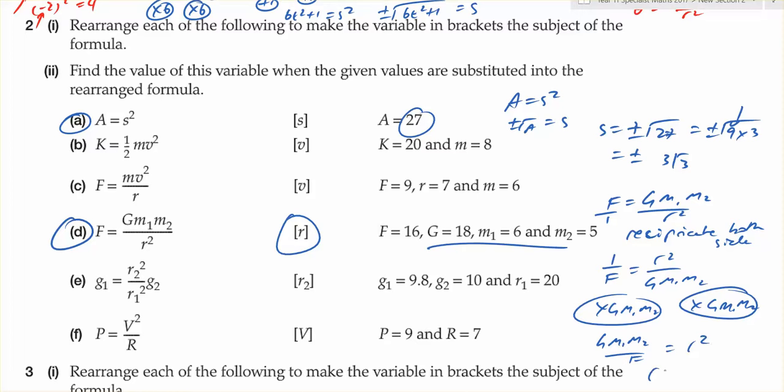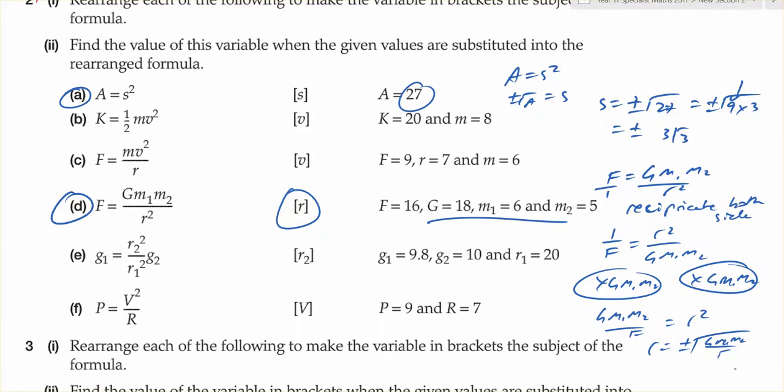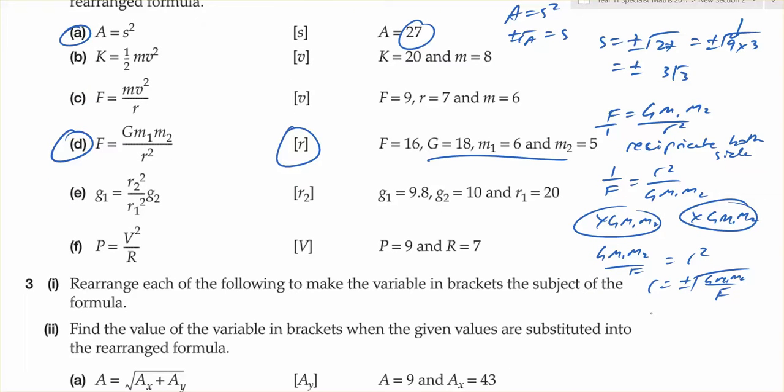So r would equal, I'm squaring both sides, plus or minus the square root of G m1 m2 divided by F. Now I want to find the value of r when F is 16, G is 18, and m1 and m2 are 6 and 5 respectively. So plus or minus the square root of 18 times 6 times 5 divided by 16.